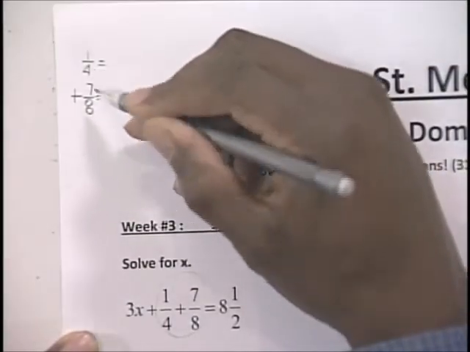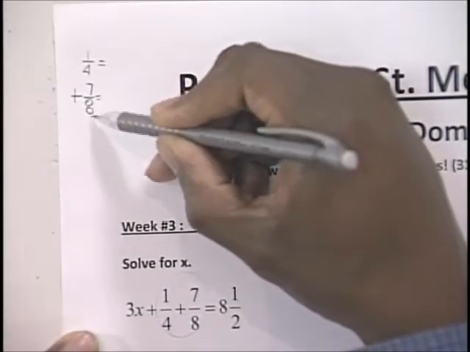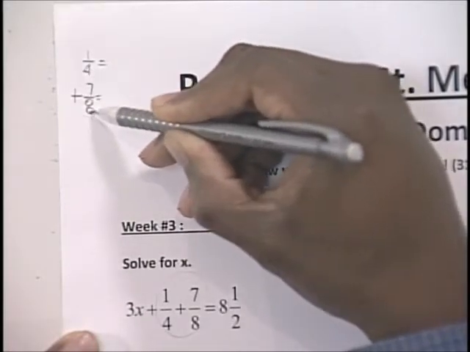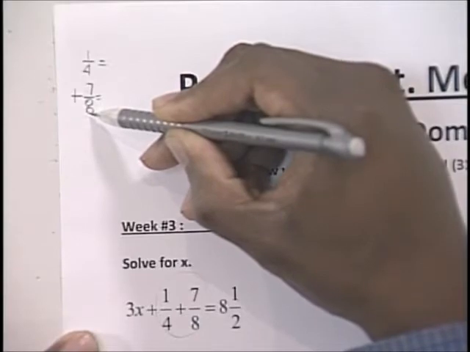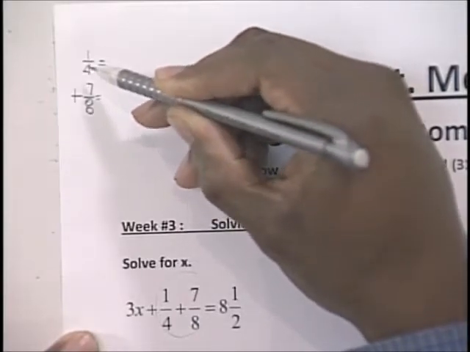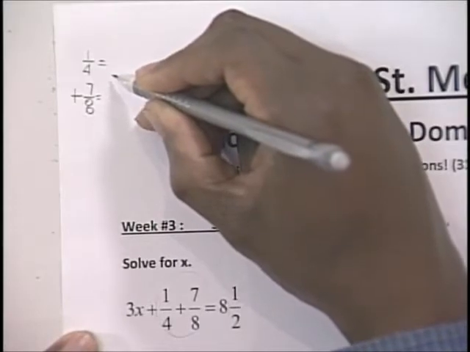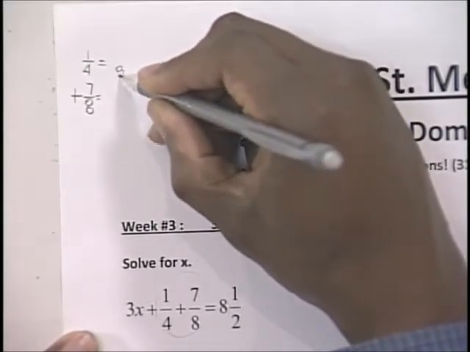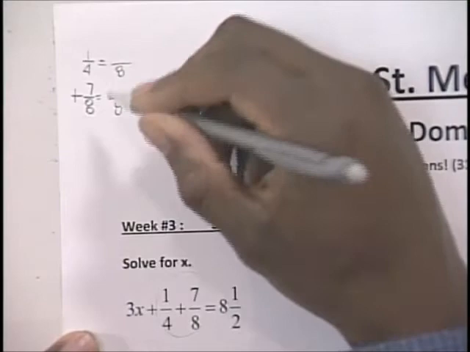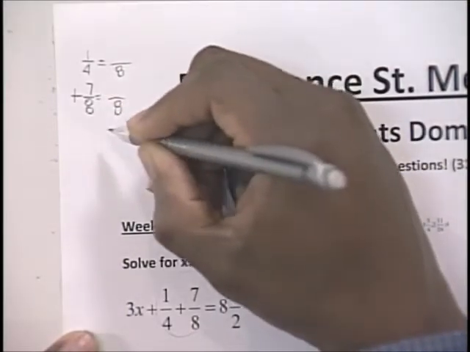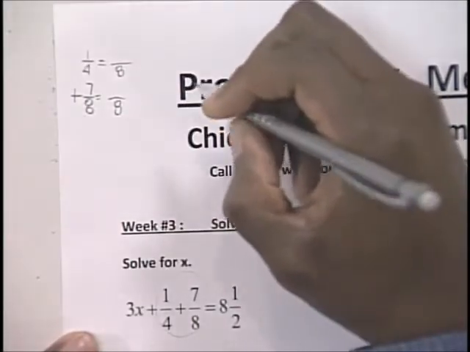The way you find the common denominator is you start with the larger number and you ask yourself, can 4 go into the 8 evenly? In other words, can you multiply a number by 4 to get 8? And you can. You can multiply 2 by 4. That means that 8 is your least common denominator, or sometimes you hear it called a least common multiple.